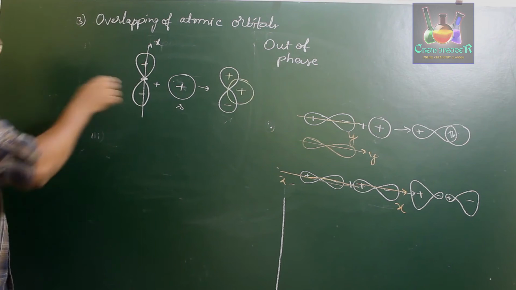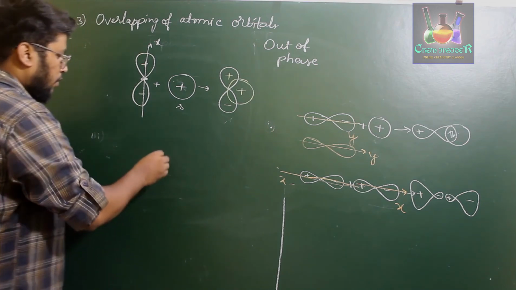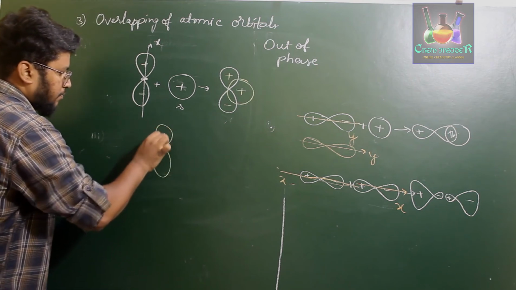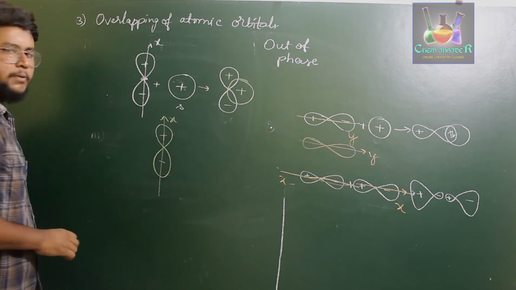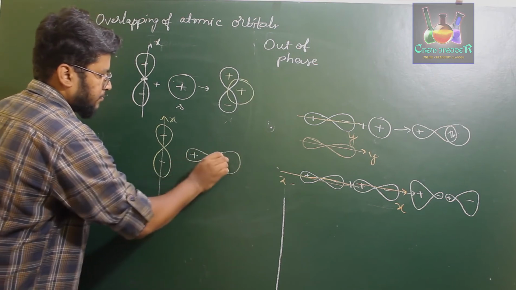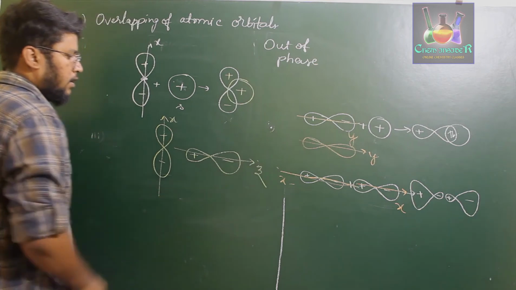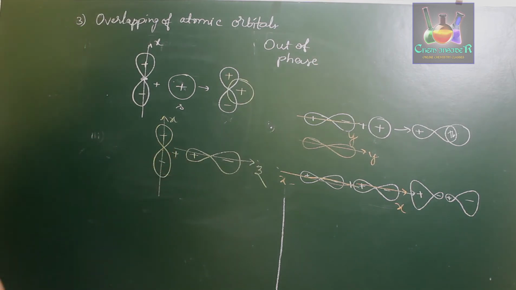This is an example of zero phase overlapping. Or else, one more example you can take is this as a px orbital, and this is a pz orbital. The overlapping of these two yields a zero phase overlapping.